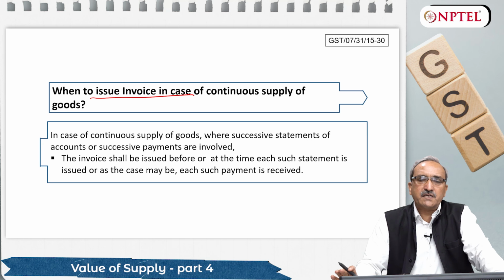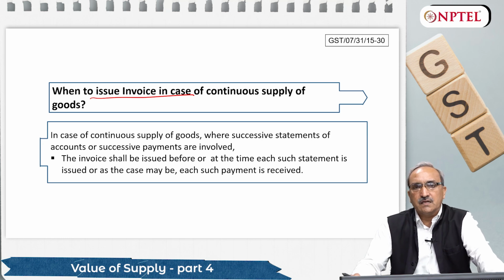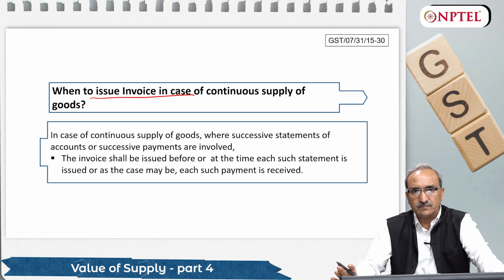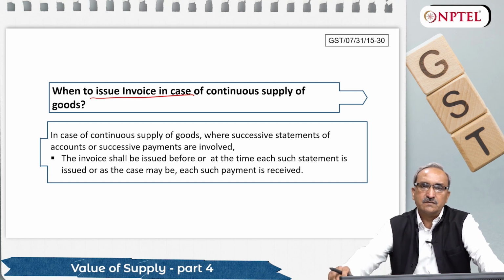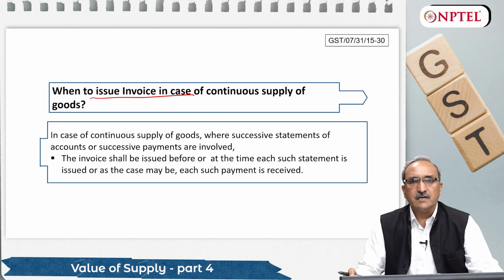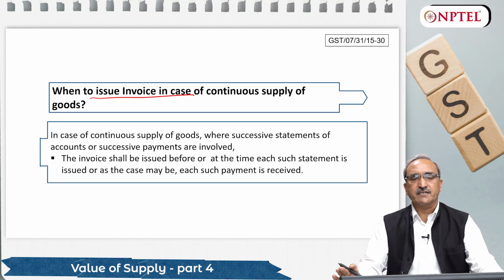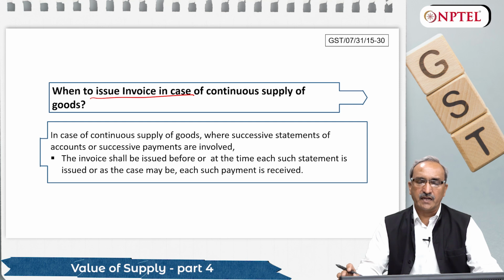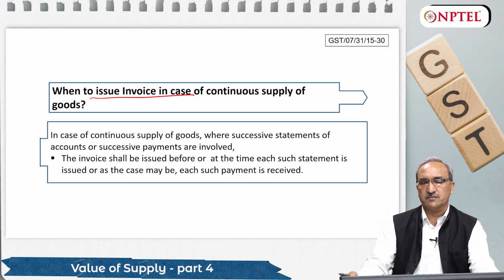Friends, in normal circumstances, it happens that an order is placed for particular goods, the supplier supplies these goods, and the order is over. In services also, services are supplied, invoice is raised, payment is received, matter is over. But there are cases where there is a continued process of supplying goods or services.